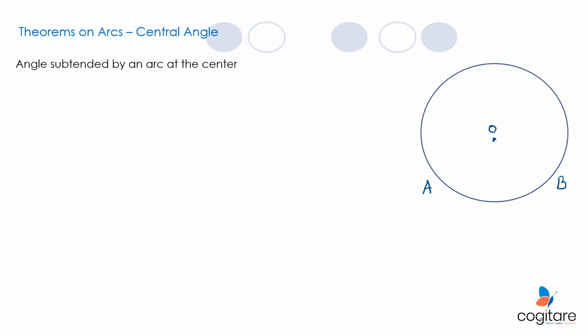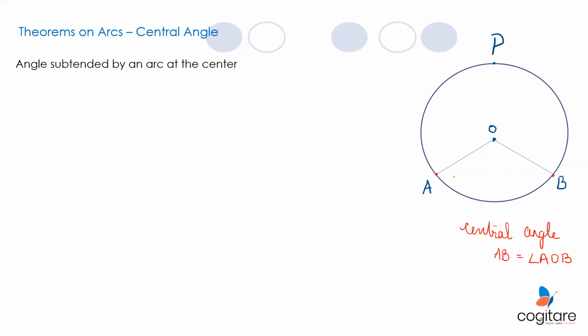Okay, too many words, but let's pause there and look at the diagram and the shape. So here's an arc AB. I've just joined the points to the center. So the central angle in this case is AOB, right guys? Central angle of arc AB is nothing but angle AOB, okay? Now let's say there is a point P on the circumference of the circle that is not on the arc.